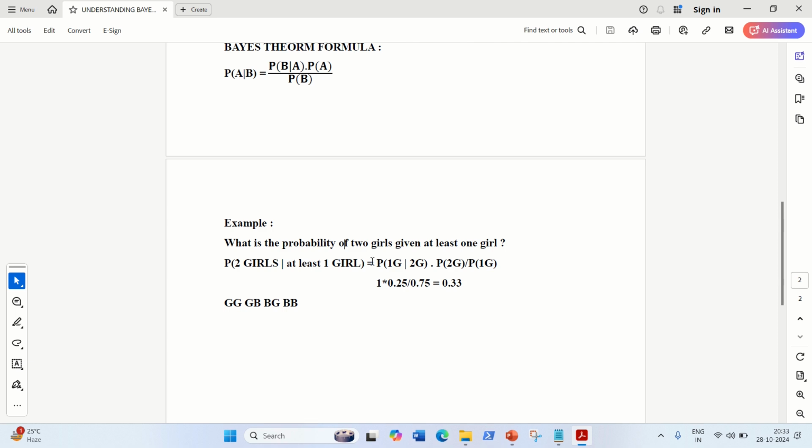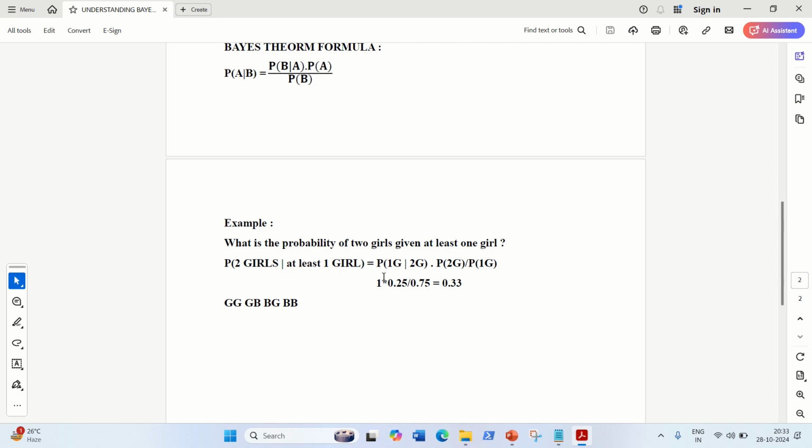Let's put it in the Bayes theorem formula: P of 1G, meaning one girl, given two girls, times P of two girls, divided by P of one girl. Now how can we find the probability of one girl given two girls? Obviously it will be 100%, because we already know that at least one girl is there.